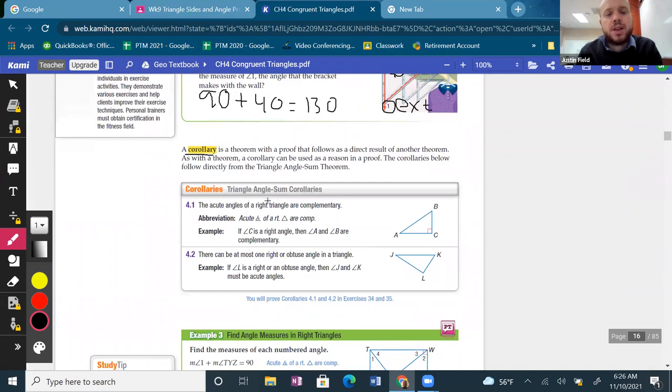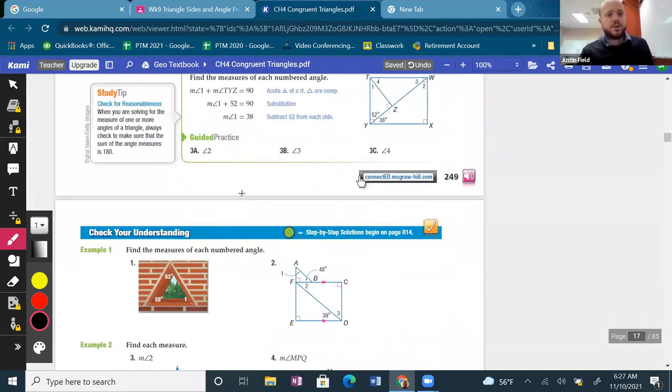So we have triangle sum corollaries. The acute angles of a right triangle are complementary. So write that down. And for 2, there can be at most one right or obtuse angle in a triangle. So these are little corollaries that are also true because the triangle sum theorem is true.